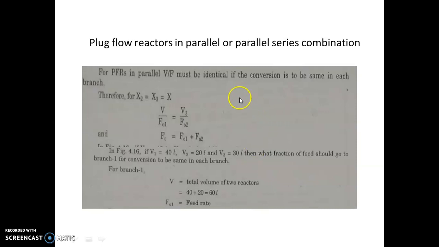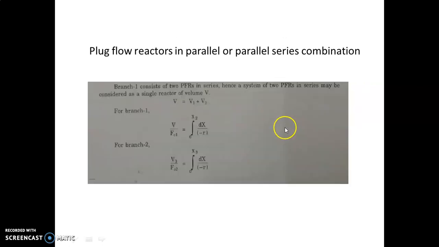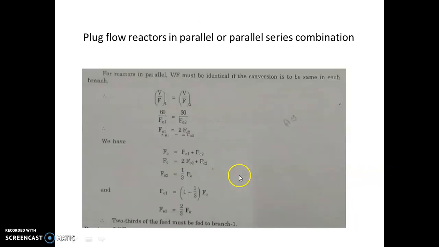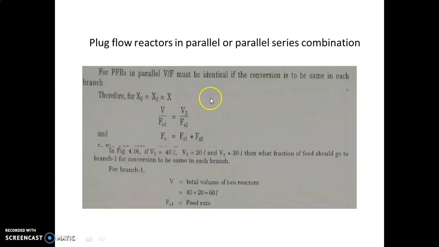For plug flow reactors connected in parallel, V by F, that is the ratio of volume to molar feed rate, must be identical if the conversion is to be the same in each branch. Suppose the conversions X2 and X3 are the same; then the V by F ratio for parallel flow must be the same because the conversion is the same for each branch.